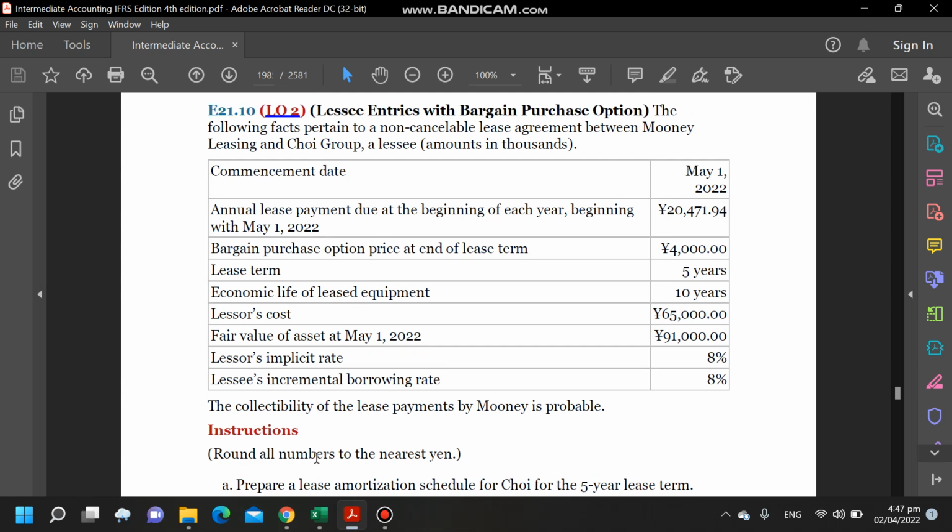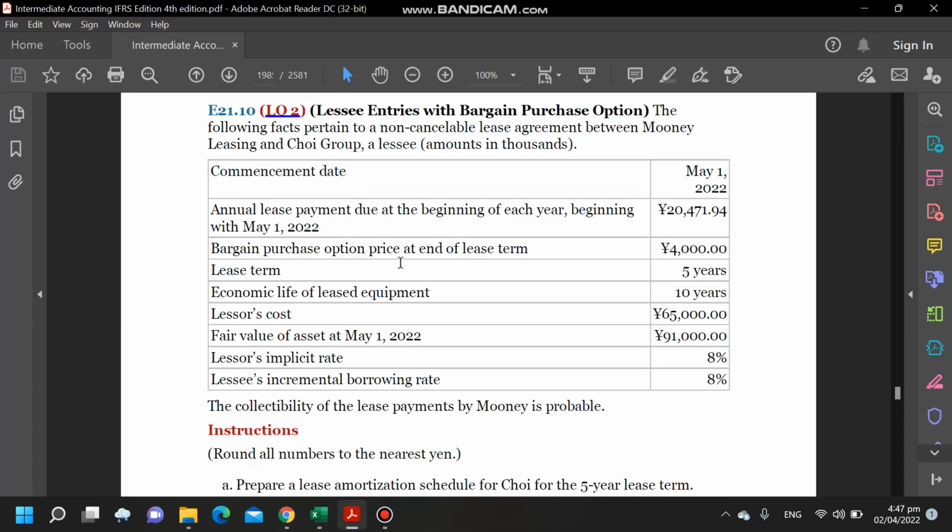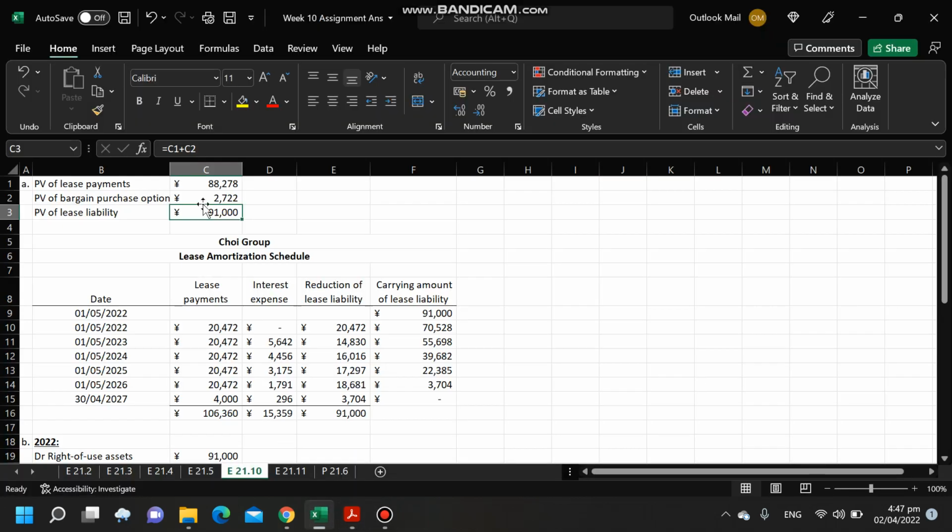We must calculate first the present value of the lease liability. Because there is a bargain purchase option, we must put it inside the present value of the lease liability calculation.